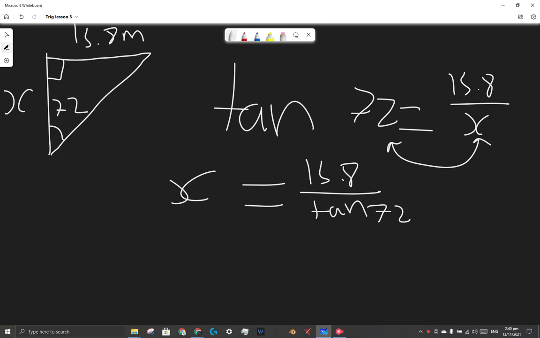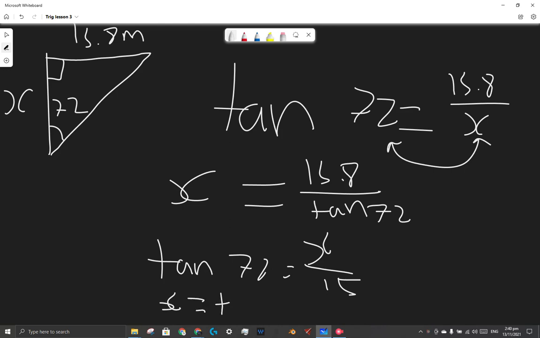Now here's a quick tip. If x is on the denominator, then it's always division. Say if it was this problem here, then x equals tan 71 times 15.